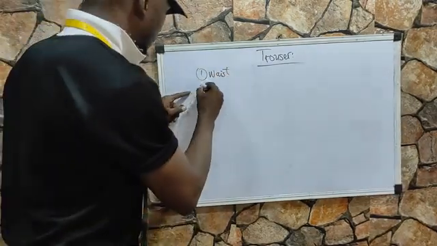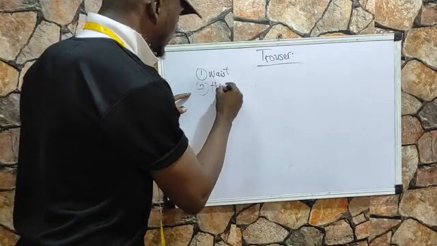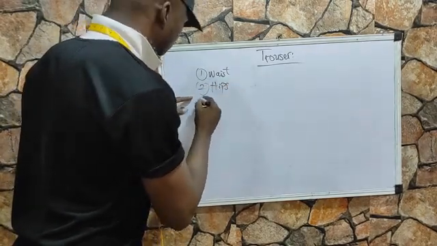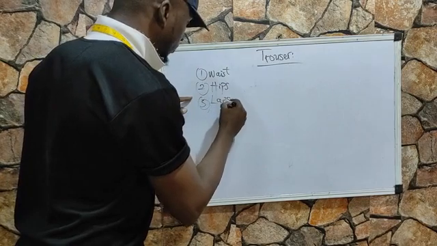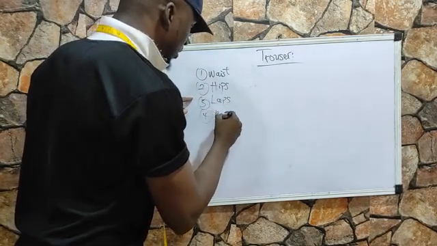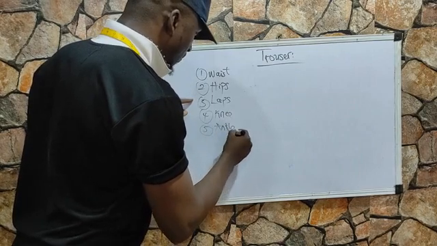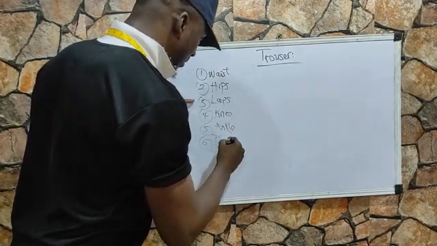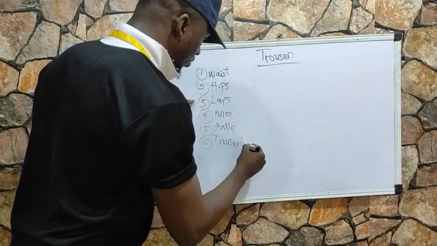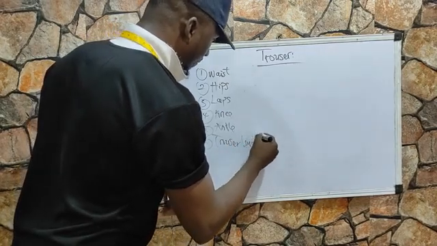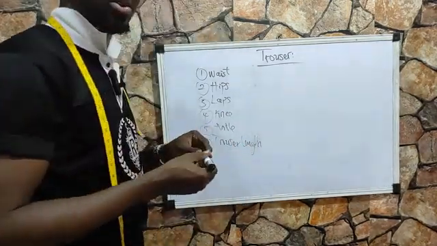Followed by two, the hips. Three, the laps. Four, the knee. Five, the ankle. And six, trouser length.